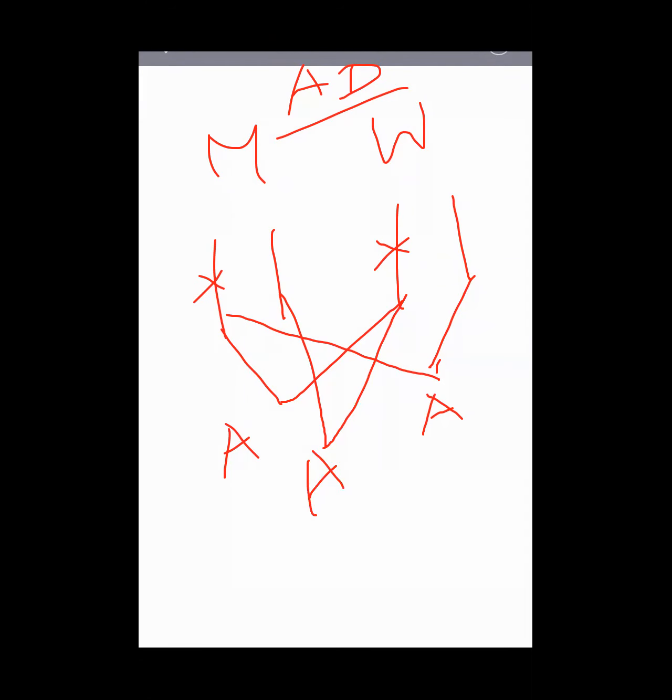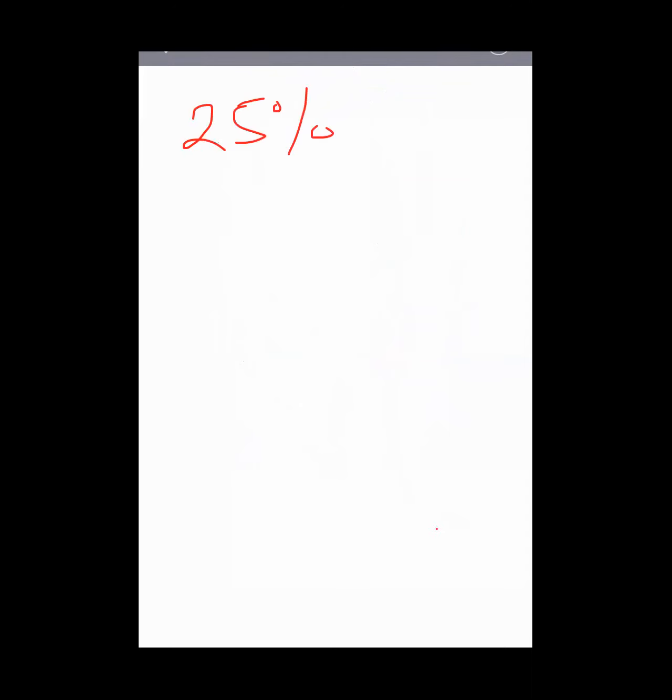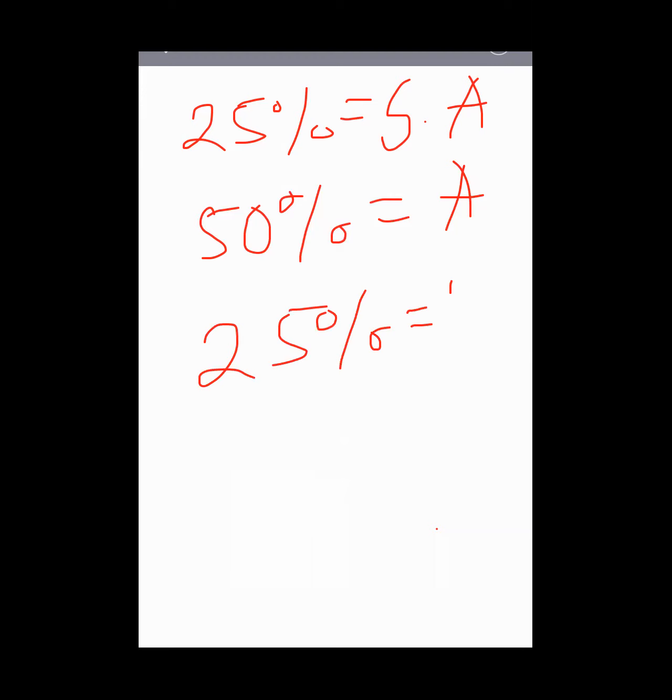But if this good gene mixes with this good gene, this will be unaffected. So if these two good genes meet, they will have an unaffected child. So we have to remember that in an autosomal dominant condition, there is a 25% chance that the child will be severely affected by achondroplasia, 50% chance they will be affected by achondroplasia, and 25% chance they will be unaffected.